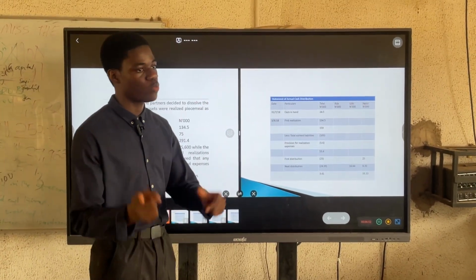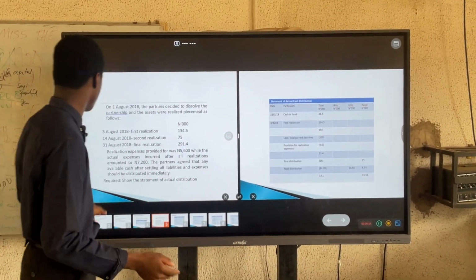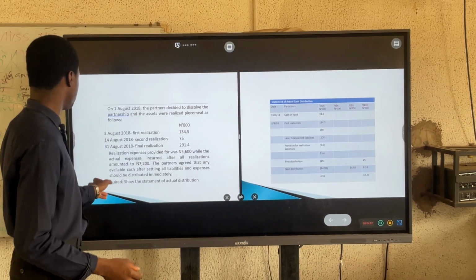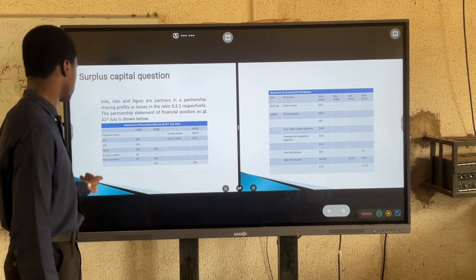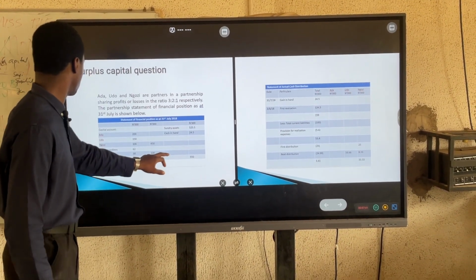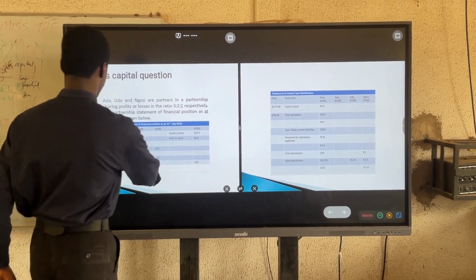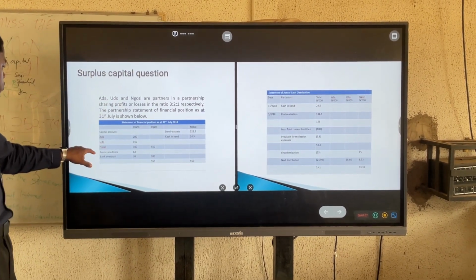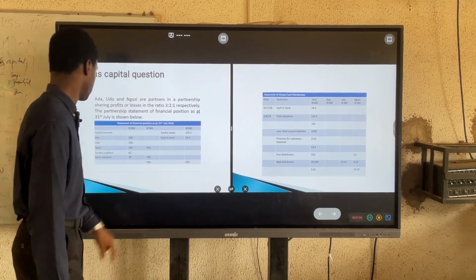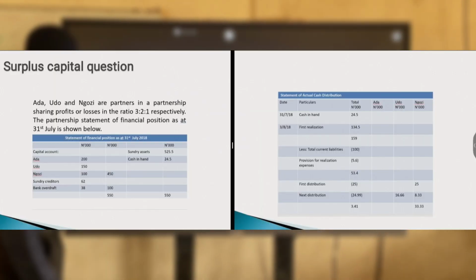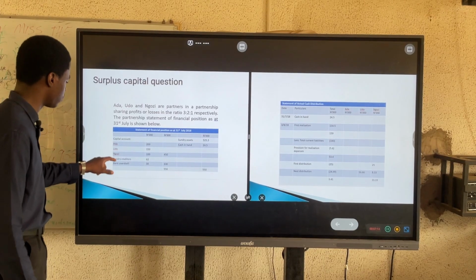Now, like I said, you must always deduct your liabilities first, and so the liabilities were deducted. You had the bank overdraft, which was 38, and the creditors was 62.